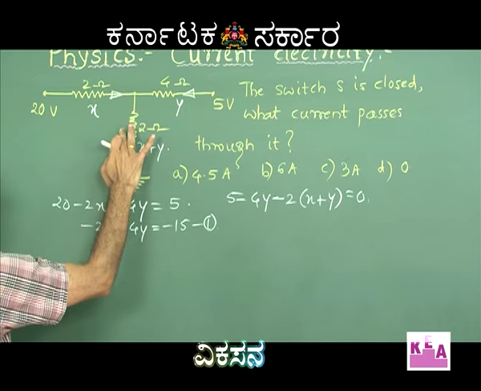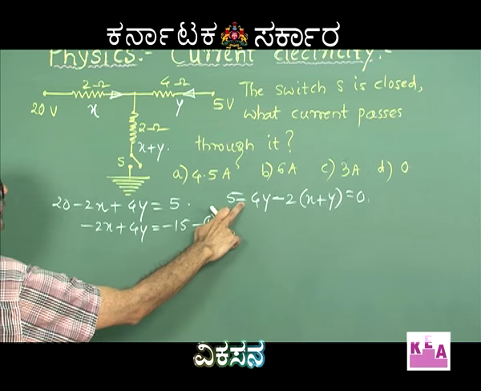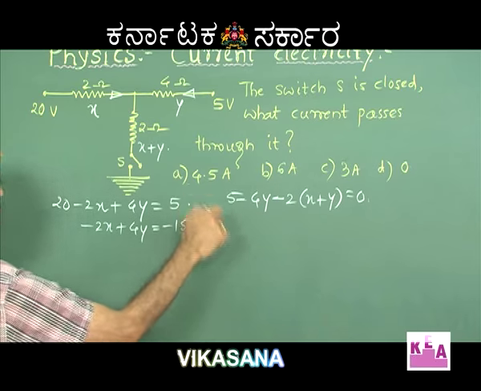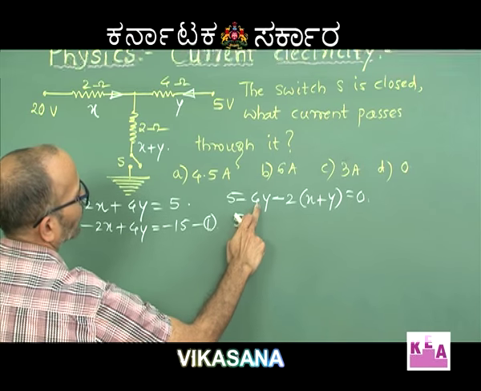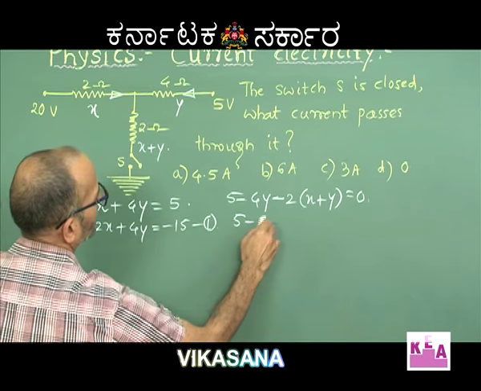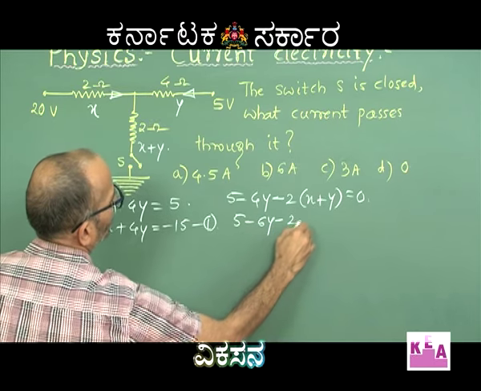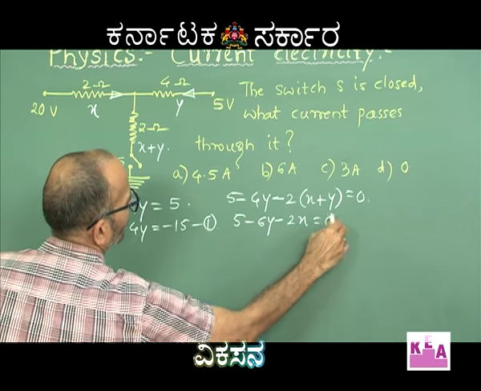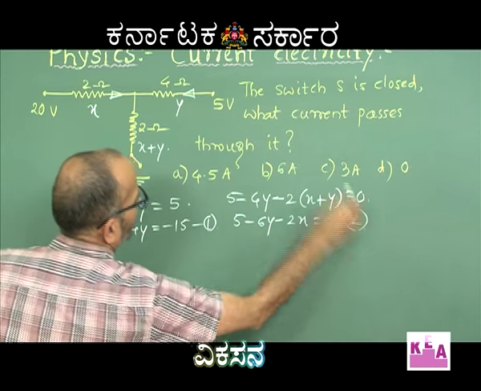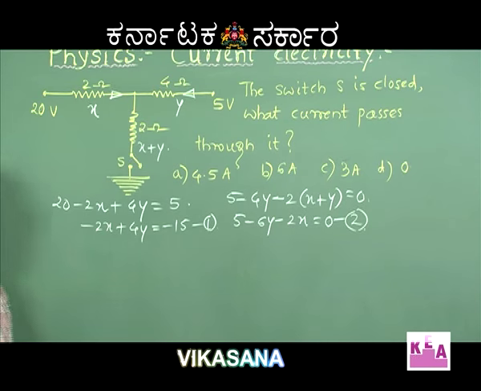So in both the resistances there is a potential drop which is addressed as negative, and this equation will be 5 minus 4y minus 2y makes it minus 6y minus 2x equal to 0, and this is your equation number 2. Fine.